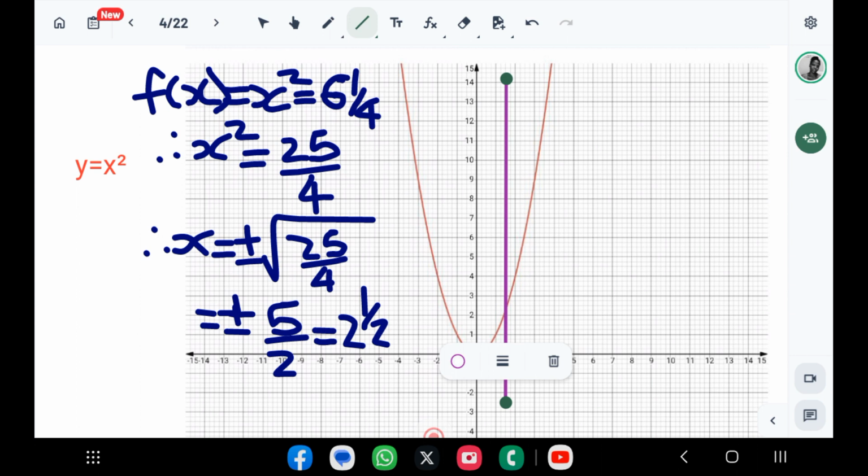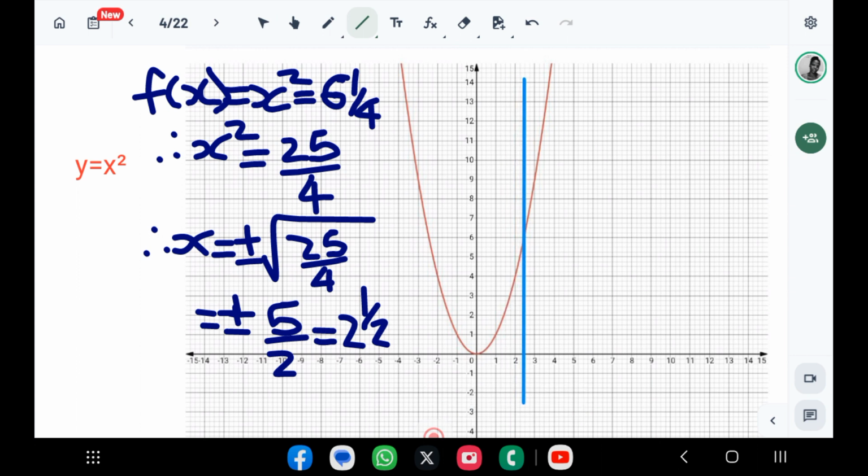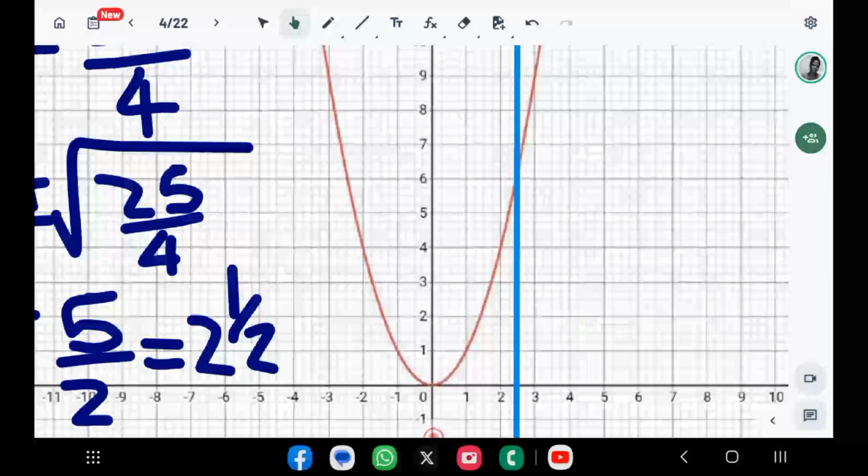Let's make it thicker and let's make it blue. Alright, now let's shift it to 2½. That's 1½ over there. 2½. Okay, let's zoom in.